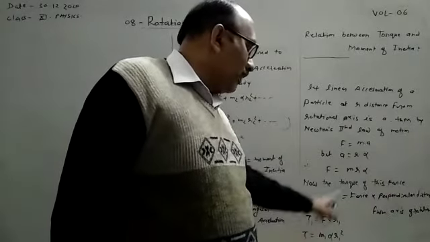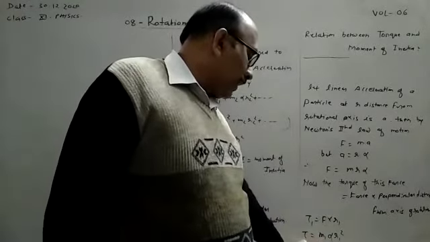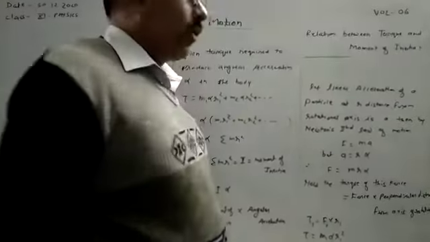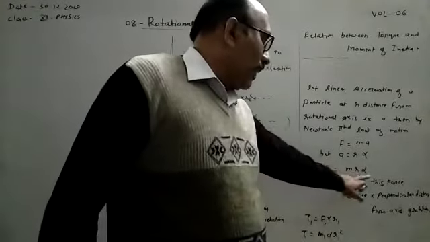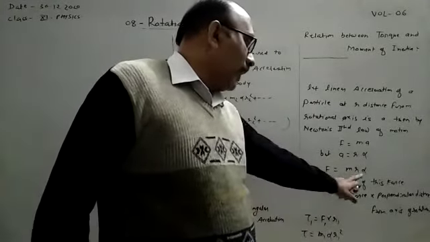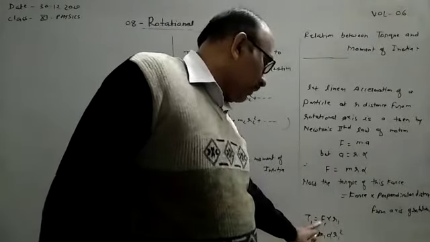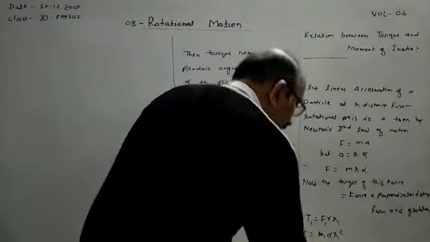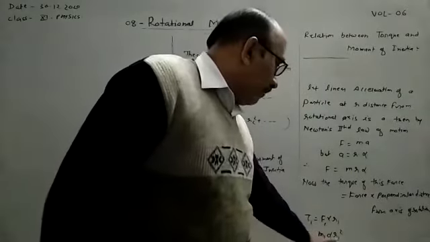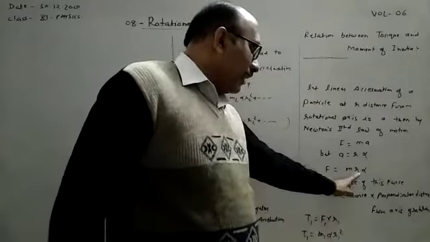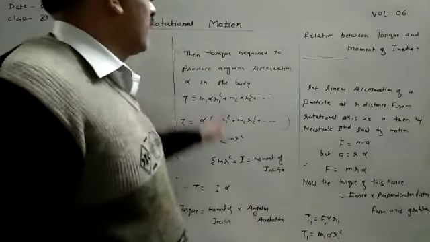According to f equals m r alpha, f1 will be m1 r1 alpha. So by putting this value, tau 1 equals m1 alpha r1 square. Already r1 was there, and one more r1 comes from here, so m1 alpha r1 square.